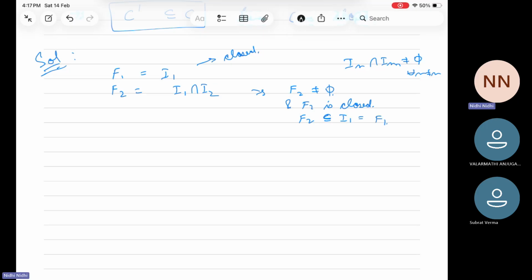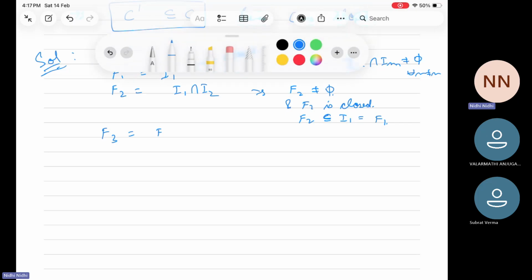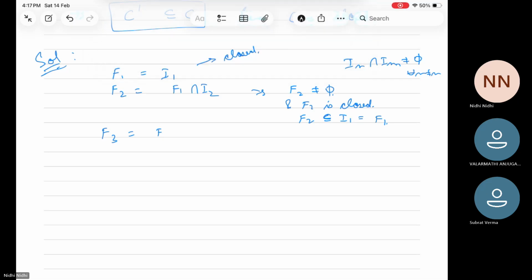Also, this will be a subset of I1, which is F1. So we have a closed set F1. Then we have a closed set F2, which is a subset of F1. Then using this, we define F3 to be, so instead of I1, I should write here F1, I define F3 to be F2 intersection I3. Now since F2 is a closed set and I3 is a closed set, this will also be a closed set. And again, this will be non-empty.